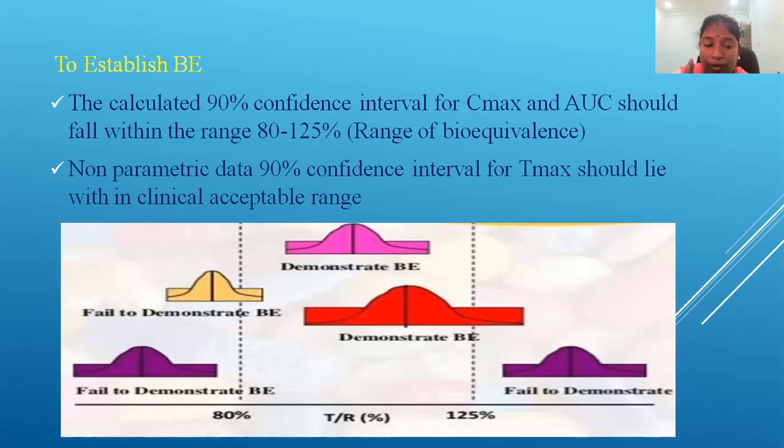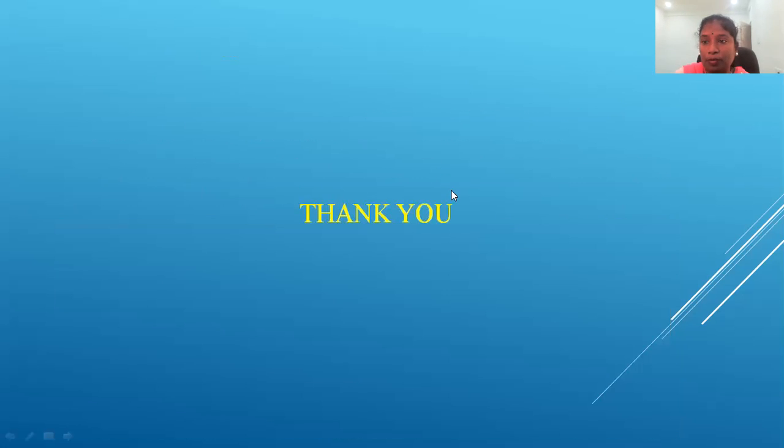So below 80% we are not considering, that means BE is failed, and above 125 we also consider it a failure to demonstrate. So within the range of 80 to 125 percent, we take it as bioequivalence. So this is about the measurement of bioavailability, the study design. Okay.